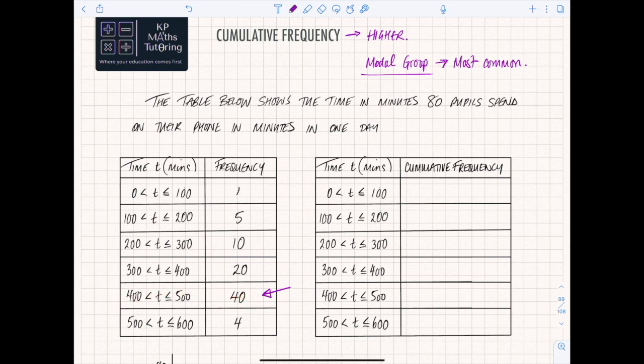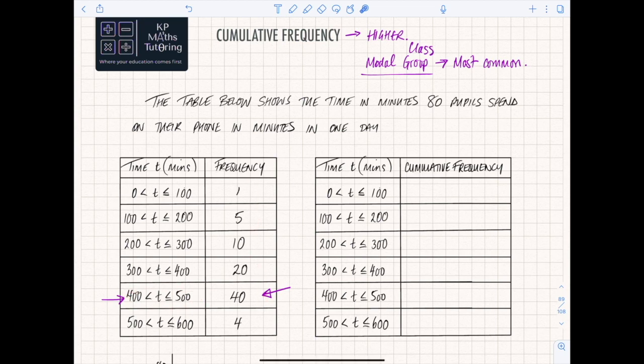So the modal group, or the modal class, you might hear it called as well, would be 400, which is less than the time, which is less than or equal to 500 minutes. So if you're ever asked about the modal group or the modal class, it's which one of these is the highest number. Don't write 40. You would need to then write the group that highest value fits in.